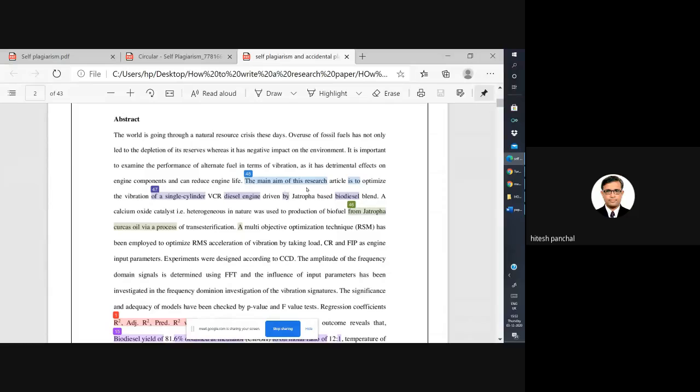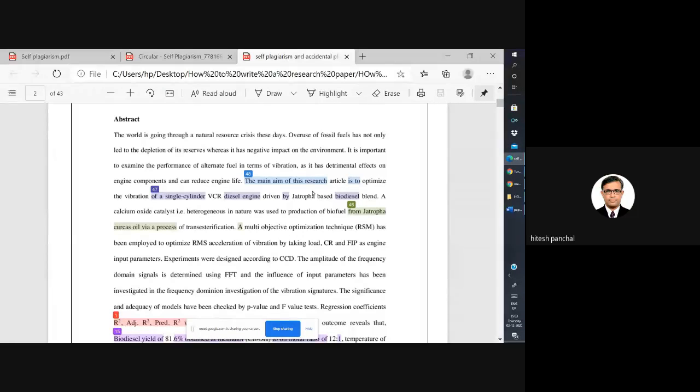The main aim of this research article is to optimize the vibration of a single cylinder VCR diesel engine driven by Jatropha based biodiesel blend. Now in this sentence you can see the main aim of the research. This is accidental, actually we don't know.